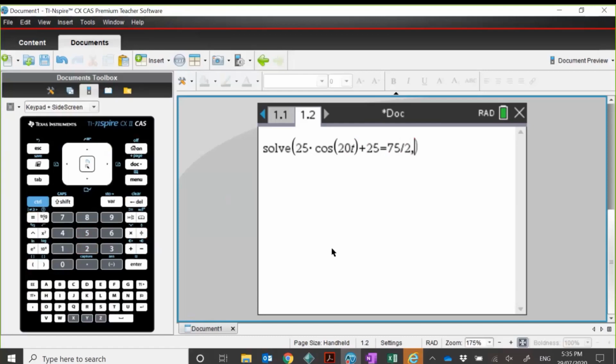I'm going to solve it for the time, and I need to put in my domain, and my domain is 0 less than or equal to t less than or equal to pi on 10, because I'm only going up to pi on 10.